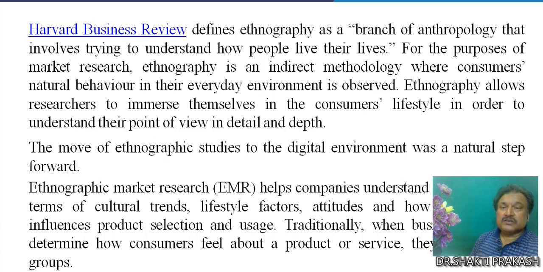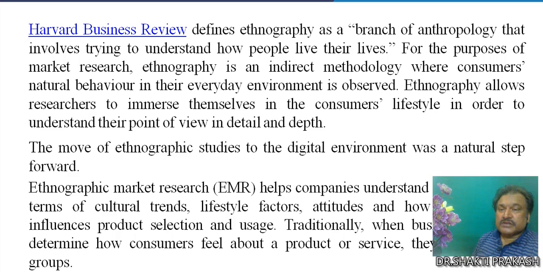In business research also it is useful. Harvard Business Review defined ethnography as a branch of anthropology that involves trying to understand how people live their lives. For the purpose of market research, ethnography is an indirect methodology where customers' natural behaviors in their everyday environment are observed.